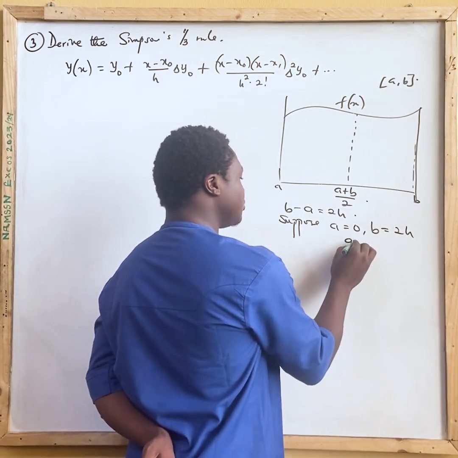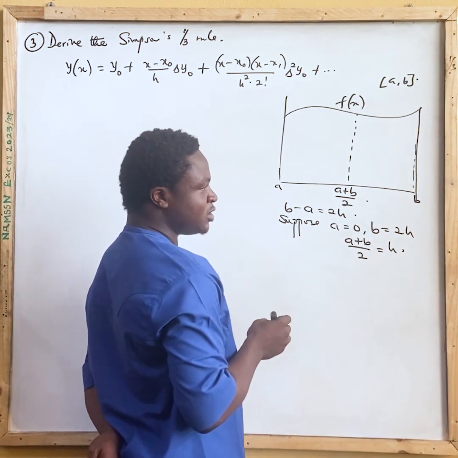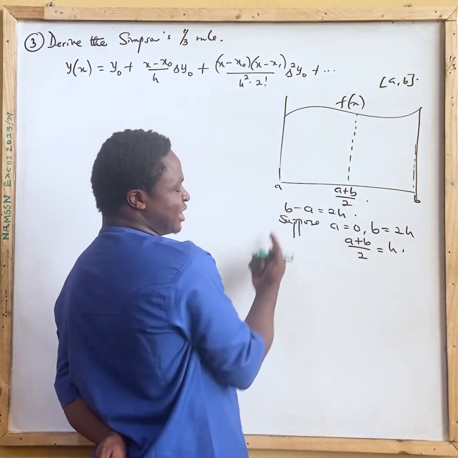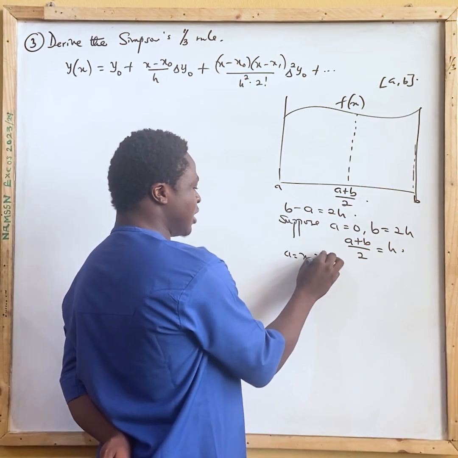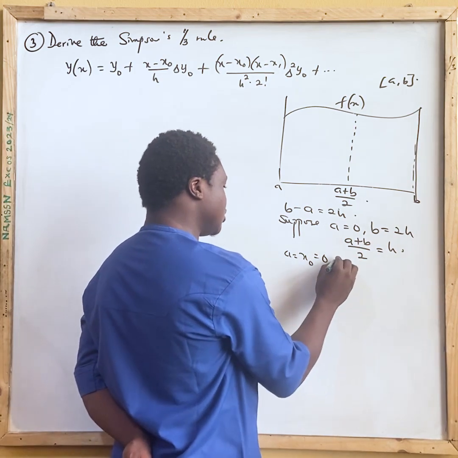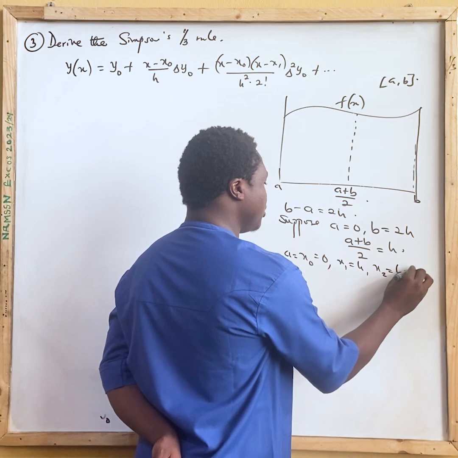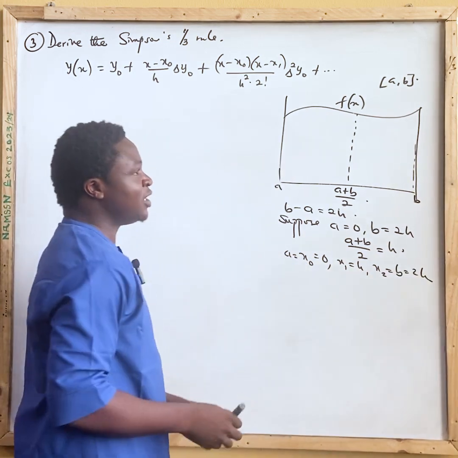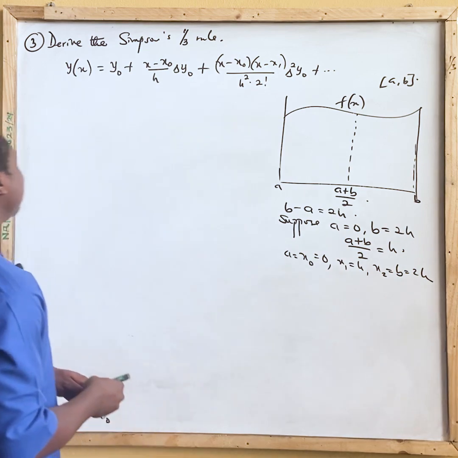And of course, A plus B over 2 will be h. So A is x naught, which is 0. This midpoint will be x1, which is h. And then x2, which is B, will be 2h. So we want to integrate our Newton forward formula over this interval. So let's do that.